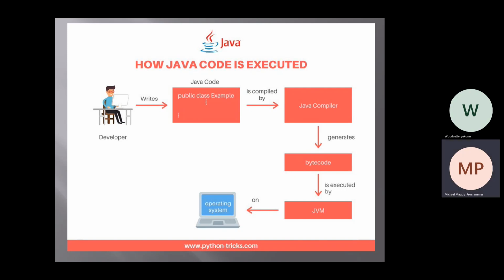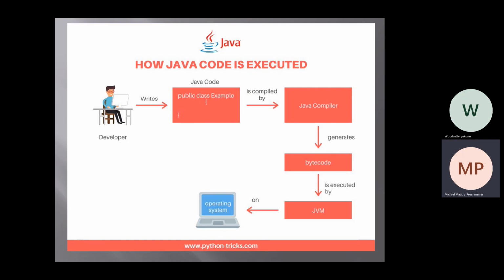Okay, great. Let me brief it one more time. The programmer writes his code, which is called source code. Once he finishes writing the code, he hits run. The Java compiler receives the source code and checks if it has errors or not. If it has errors, it comes back to the programmer telling him what the error is.